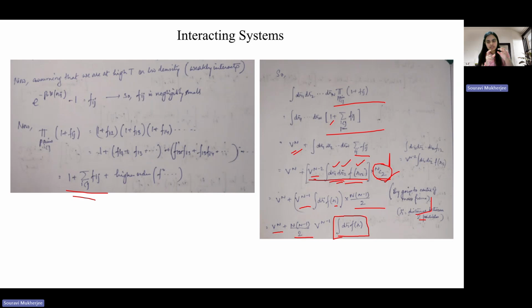You can just do an integration of f of r dr and then multiply it with all such pairwise combinations that one can make, which is given as NC2, and that will give you the interaction term.